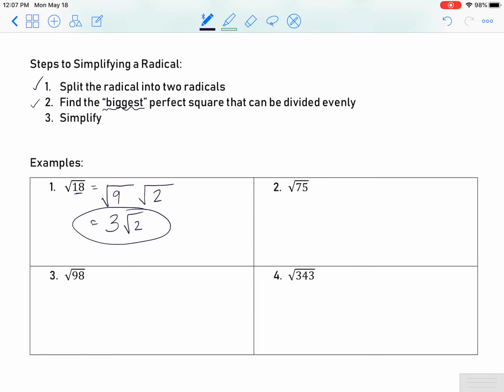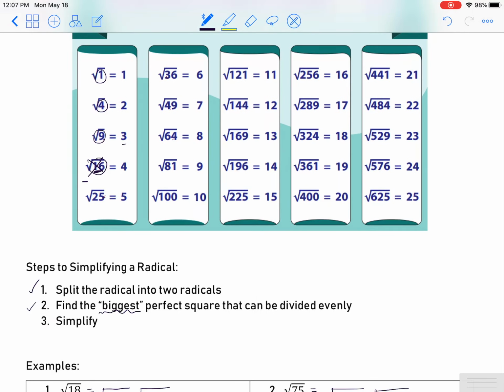Okay, so number 2, square root of 75. So I'm going to split this up. I'm going to go up to here, erase these. All right, so 75. It means I'm going to look at all of these numbers. Always start with the largest one to see which one works.